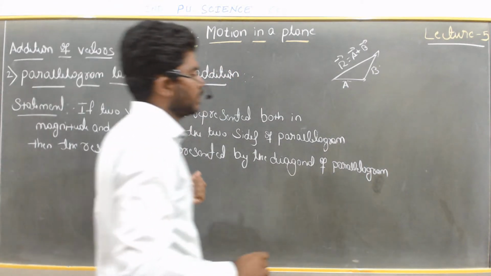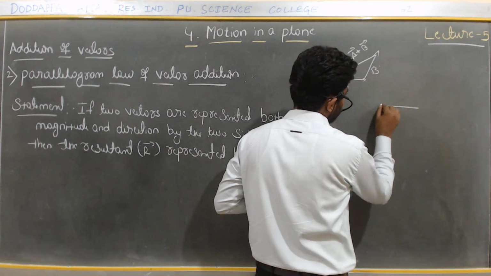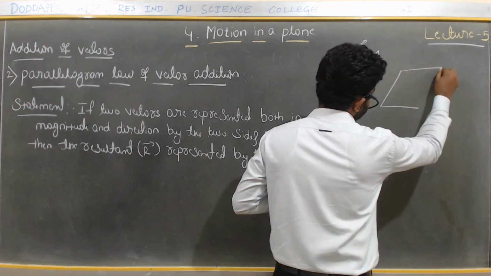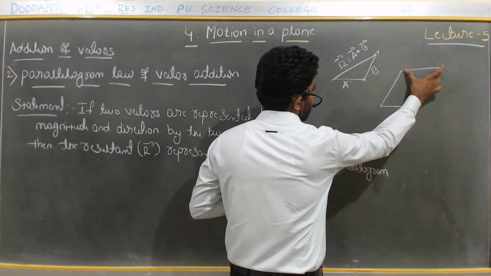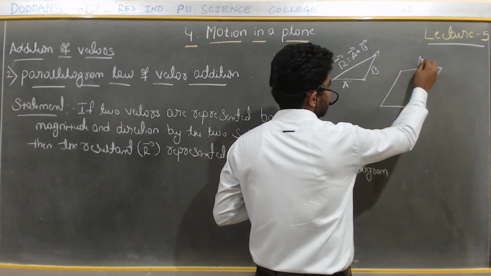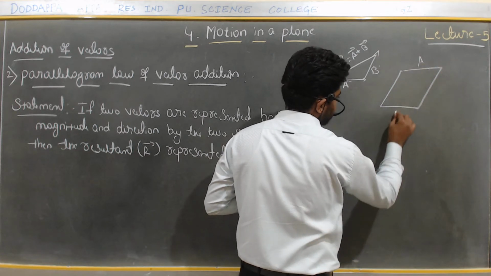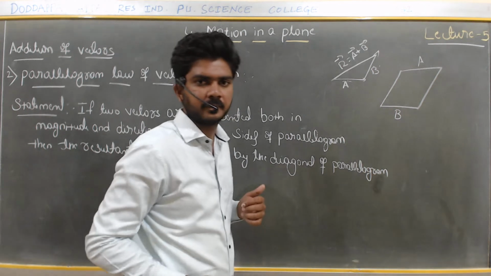See, a parallelogram looks like this, right? It means this side is parallel to this side. Also, this is side A, and side A is perfectly parallel to side B, right?